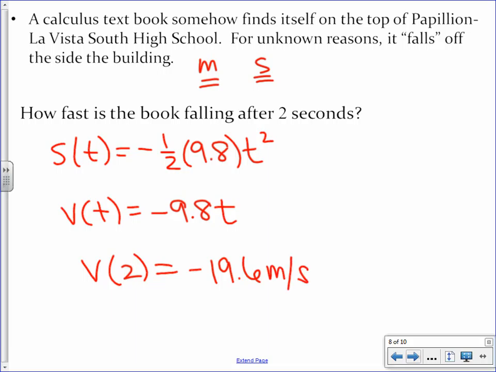Okay. It's negative because it is falling. So we are falling at 19.6 meters per second.